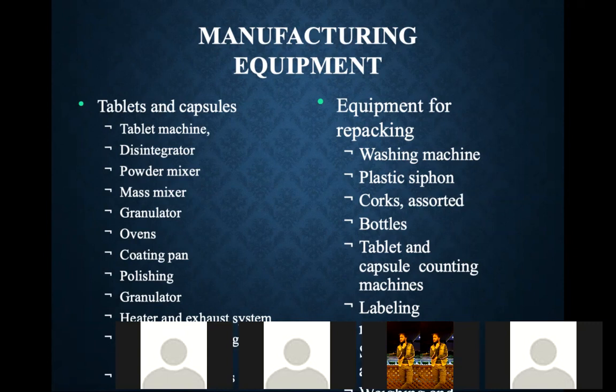Every drug has to be repacked in desired containers. Then they also have labels. So washing machines, plastic siphon, corks, sorted bottles, tablet and capsule counting machines, labeling machines, stainless steel. So these are the requirements in a manufacturing unit on a small scale at a hospital.